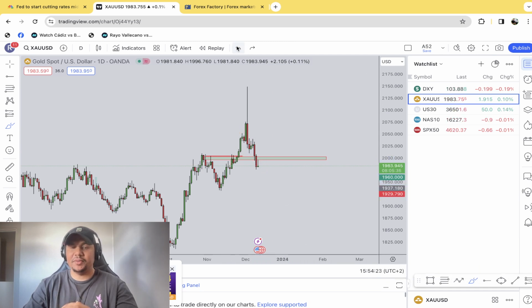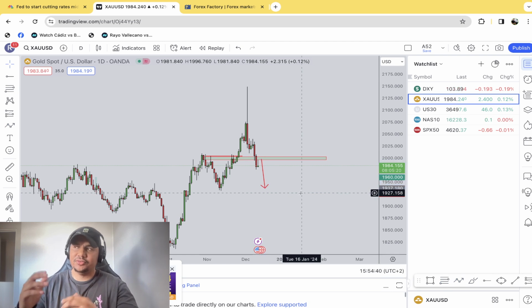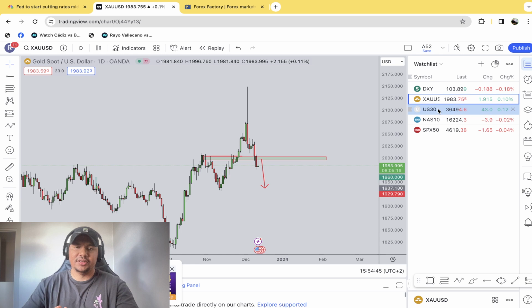Because we expect the dollar index to increase in value due to a higher reading in the CPI, and purely because we expect a correction due to an overbought market as well, we can expect some selling pressure coming through for gold, and the reason for that is the negative correlation in the market.